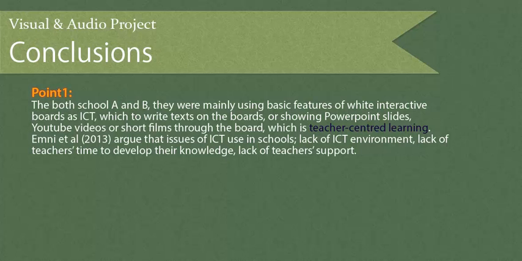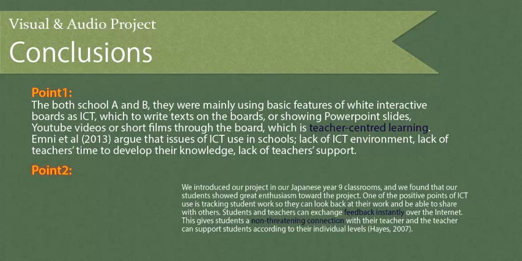EMNI 2013 argued the issues of ICT use in schools include lack of ICT environment, lack of teachers' time to develop their knowledge, and lack of teacher support. These issues were present at both prac schools. Therefore, to be able to use ICT effectively in the classroom, schools need to improve those issues. Then teachers could create student-centered lessons using ICT and deliver effective lessons.